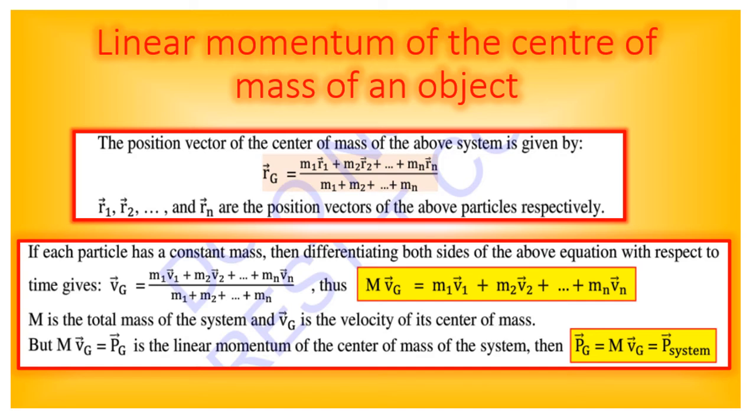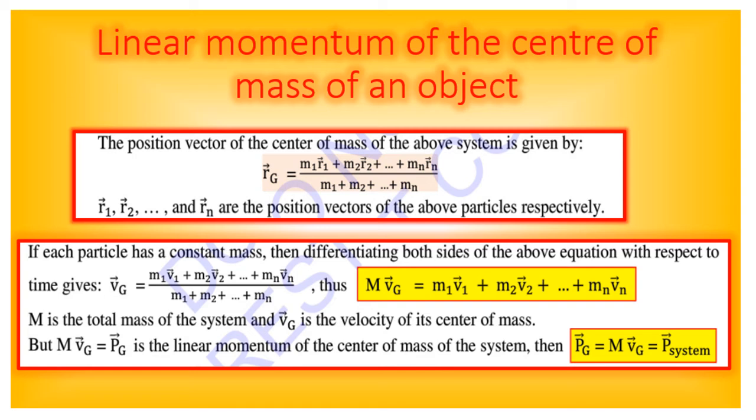If each particle has a constant mass, then differentiating both sides of the above equation with respect to time gives vg equals m1 v1 plus m2 v2 etc. plus mn vn, all divided by m total.